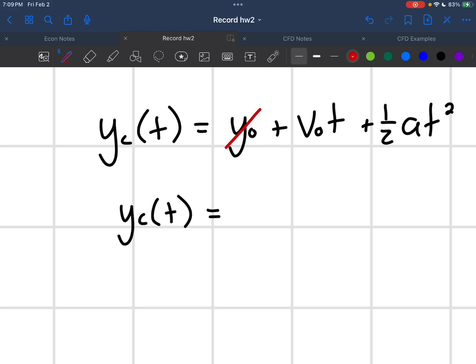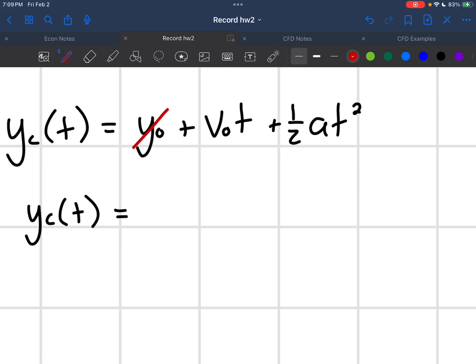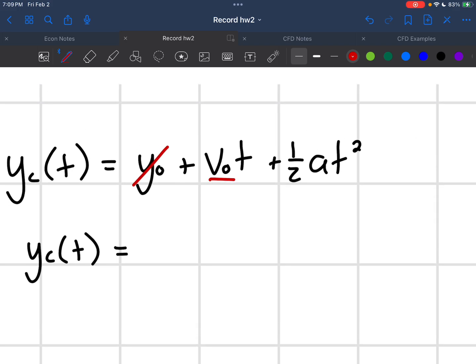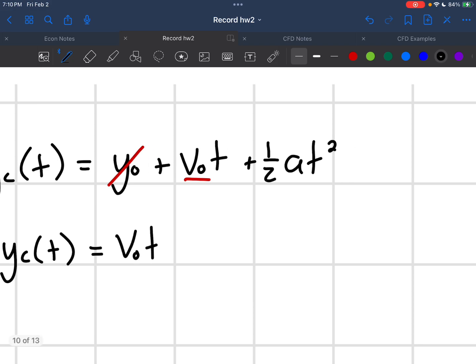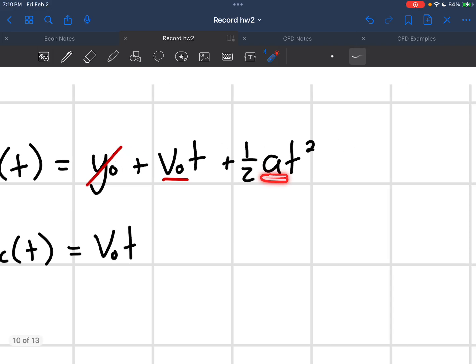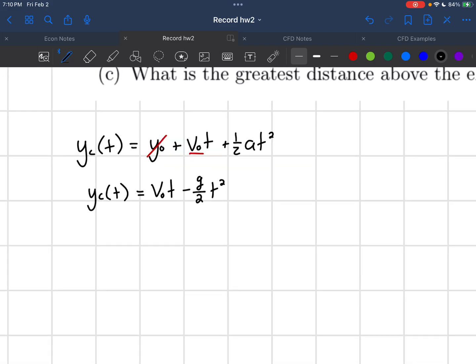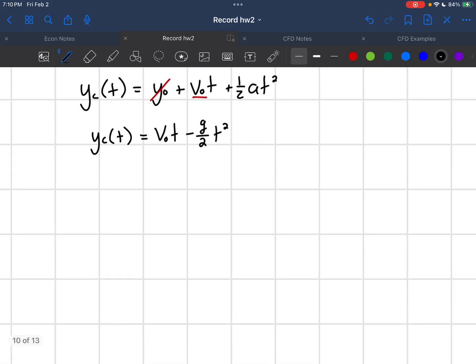So my initial position is 0. My initial velocity we had solved for in the previous problem. I'm just going to leave that as v naught for right now. And my acceleration is still negative g, so I'll do minus g over 2 t squared. And that's my position of the cat as a function of time. It's going to be a beautiful parabola.